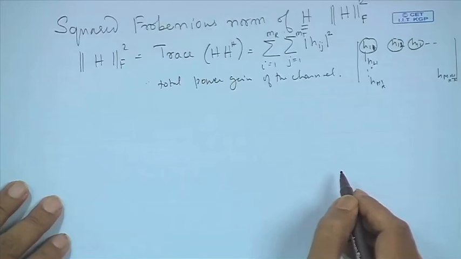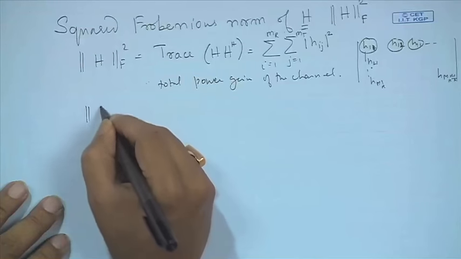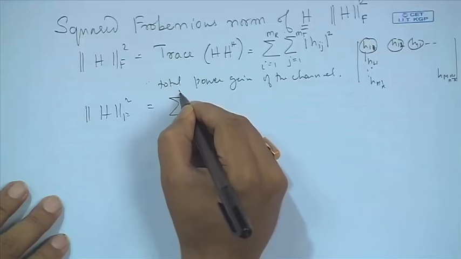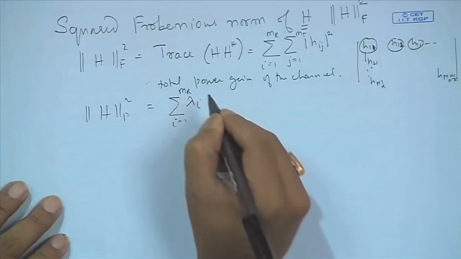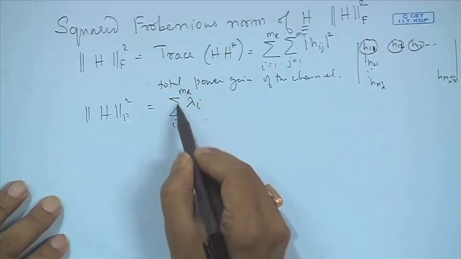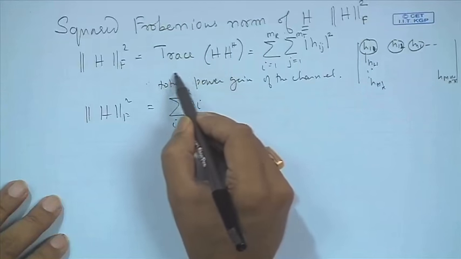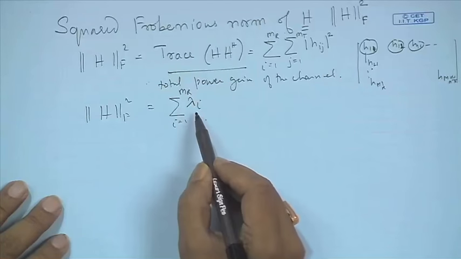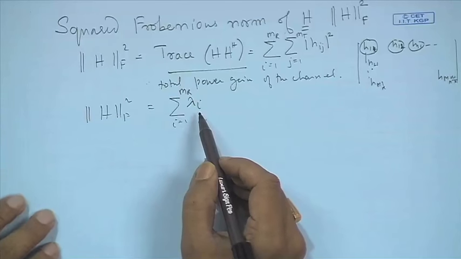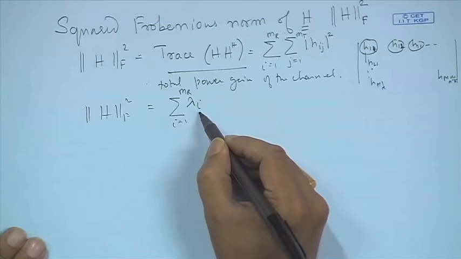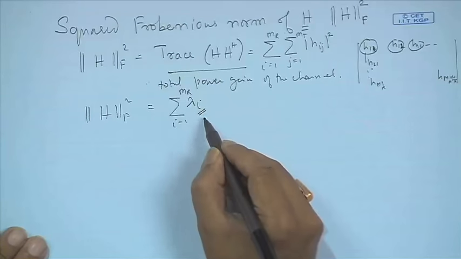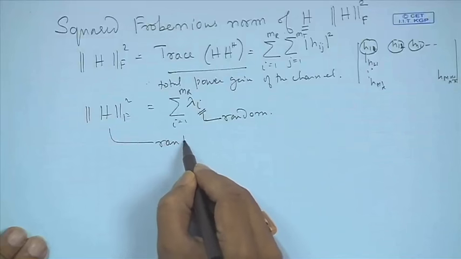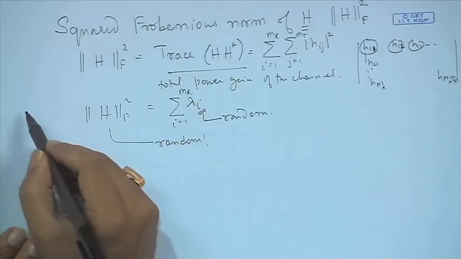This could be one way of expressing this, and we also have the expression norm of H Frobenius squared is equal to the sum over i equals 1 to mr of lambda i. That means you are adding up all the eigenvalues. That is again from the trace of H Hermitian. Trace of H Hermitian is the sum of all the eigenvalues, where lambda i are the eigenvalues of H Hermitian. Since lambda i's are random, as we said previously, this is also random naturally, because H is random.